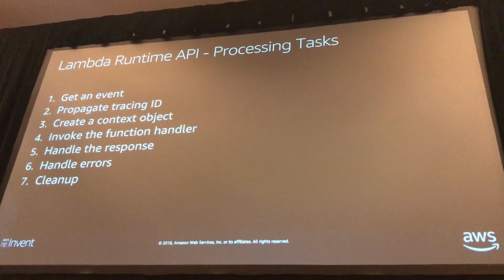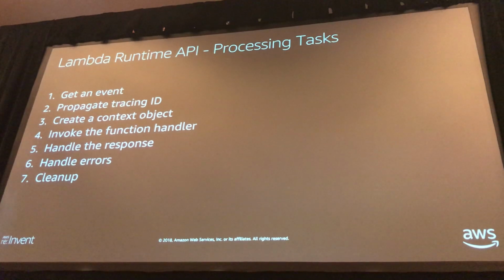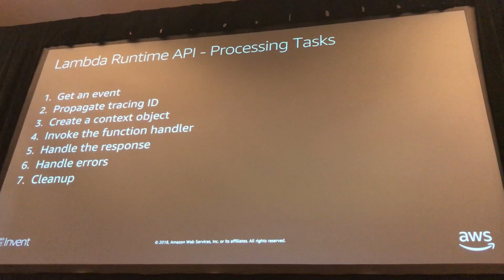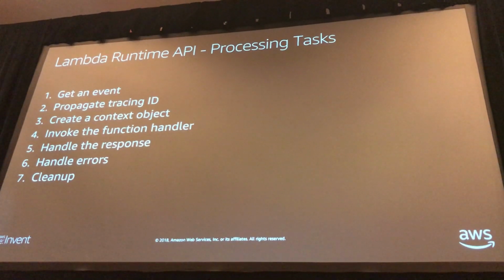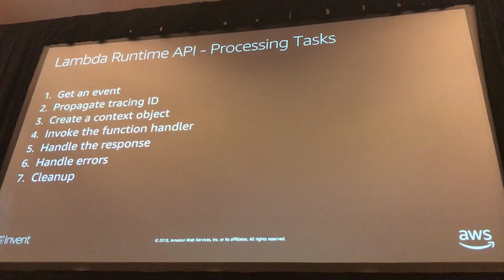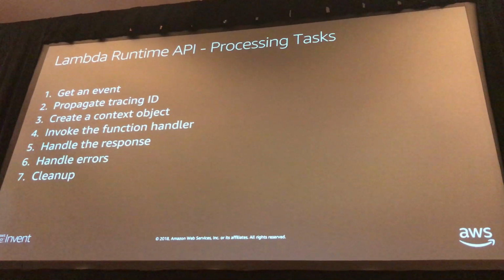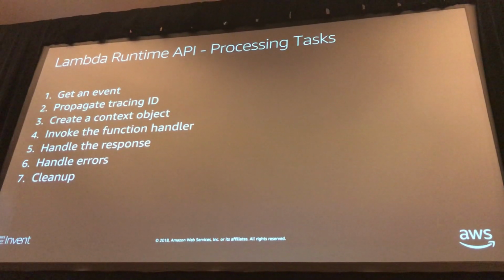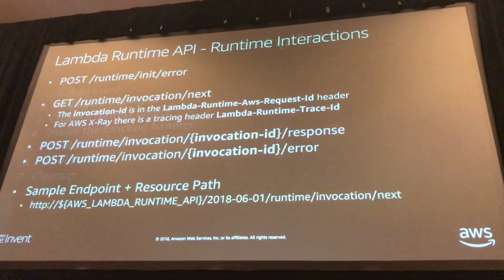So if you don't do that, X-Ray will not see the tracing ID. You can optionally customize the context object, but it's not mandatory. Then you invoke the function handler with the event payload that you received. You handle the response or the errors, and then you clean up the environment for the next invocation. That's the flow of a custom runtime.